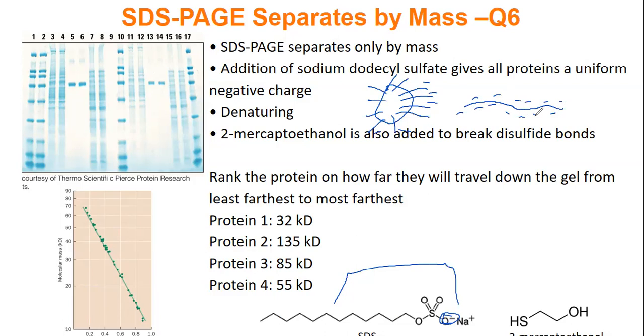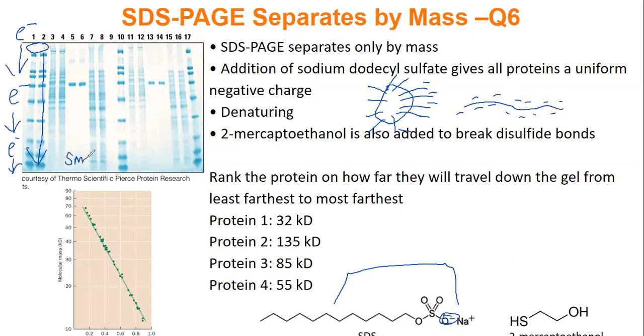Then with this gel apparatus, we send electrical current down the gel. And so your proteins start up here, and then they'll migrate through the gel because they're all negatively charged.